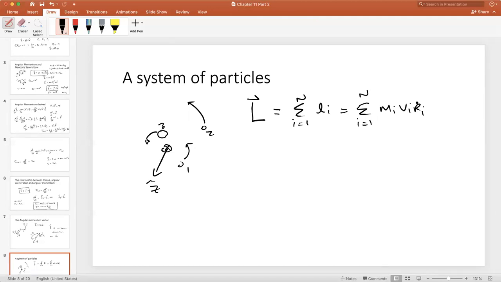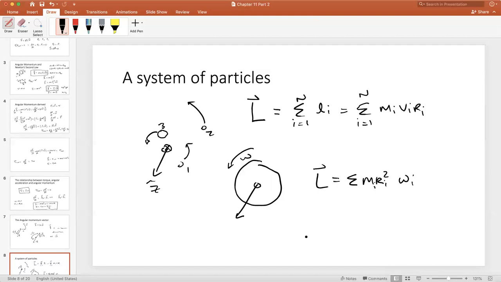We'll do a problem like that in a little bit to show how that's done, but for a system of particles, we get L. Now, if we have some solid object that isn't just a collection of particles, let's say a wheel, and the wheel is rotating with omega, we know that L is therefore equal to the sum of the m r squareds times omega, right?